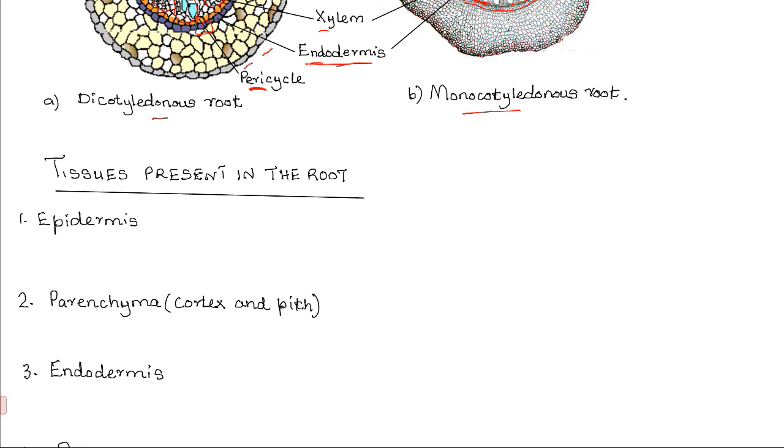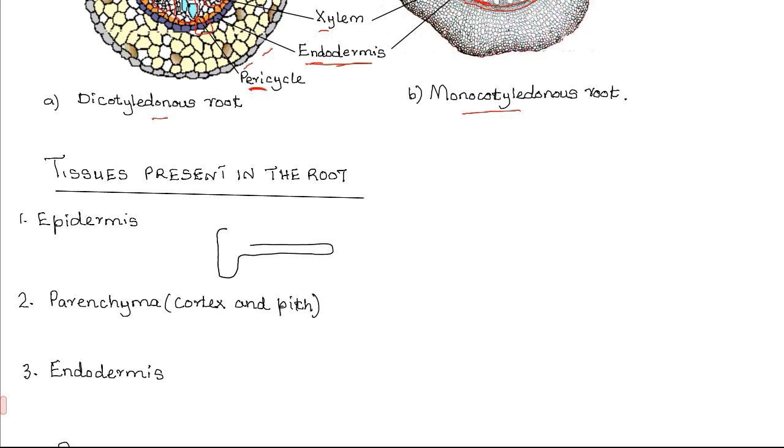Now, as mentioned earlier, the epidermis is the outermost layer of cells, the outermost tissue that serves the function of protection. It protects the underlying tissues. In certain regions of the epidermis, especially just behind the tip, there are specialized epidermal cells known as the root hair cells.